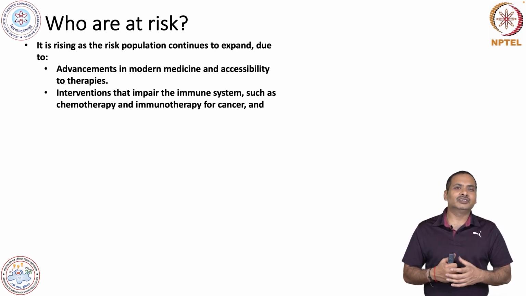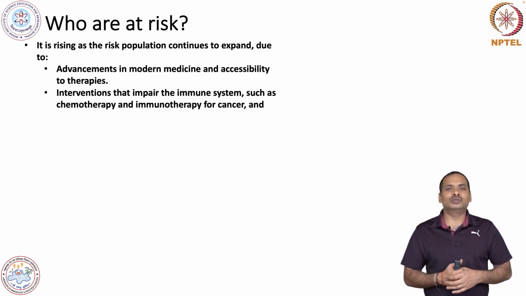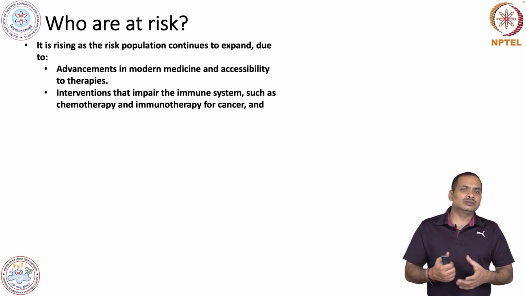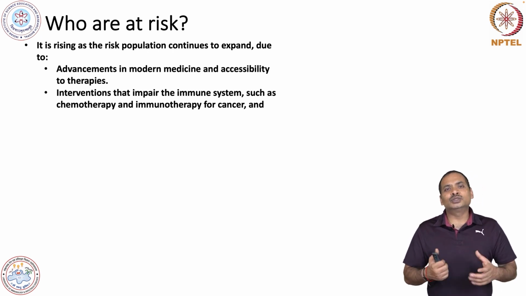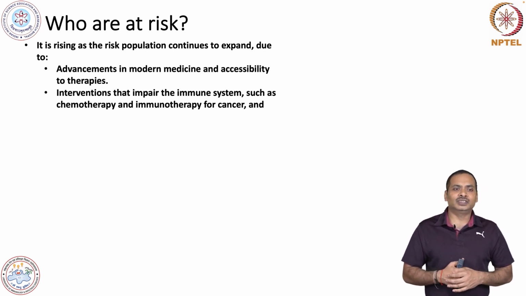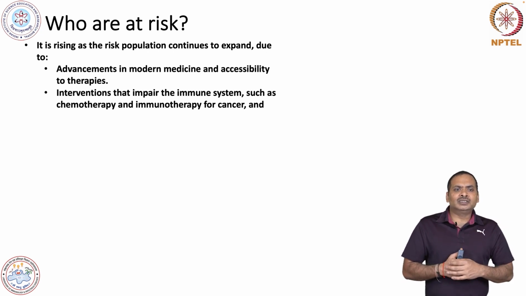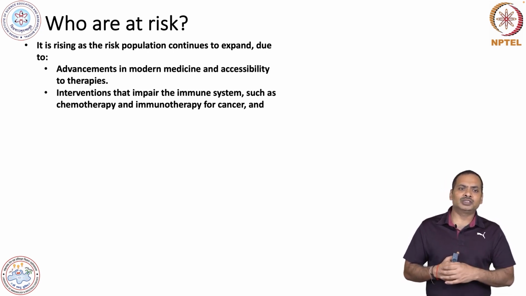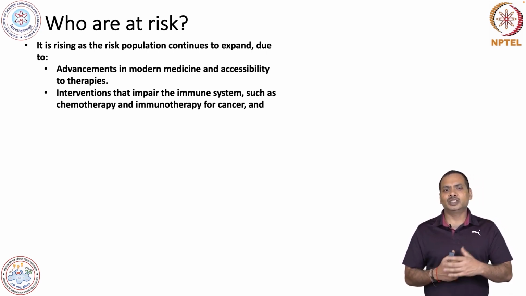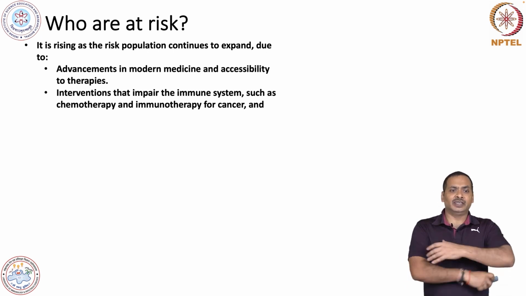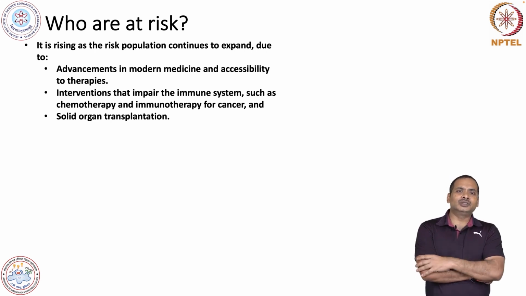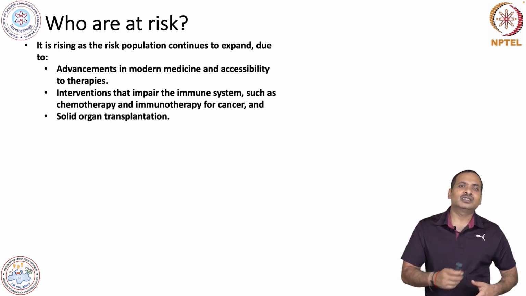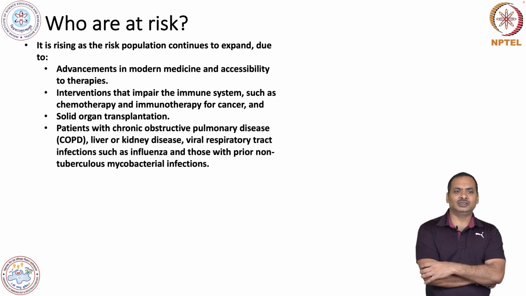An individual having an allergy can quickly take some steroidal molecules or drugs which basically suppress the immunity. So, those individuals can be prone to fungal infection. Interventions that impair the immune system, such as chemotherapy, immunotherapy for cancer, and solid organ transplantation. Okay. So, as I explained, these individuals are highly susceptible to fungal infection.